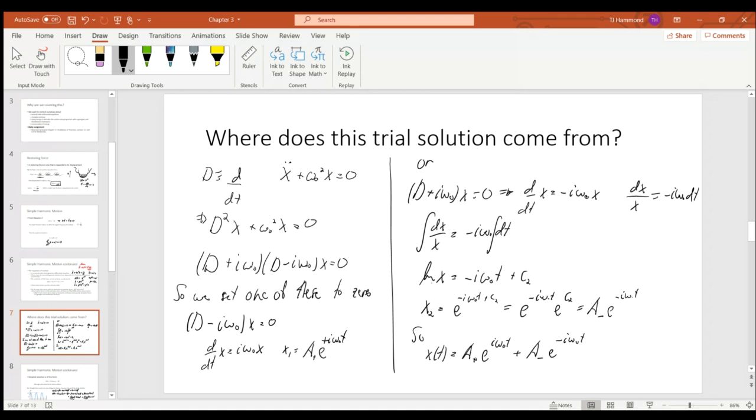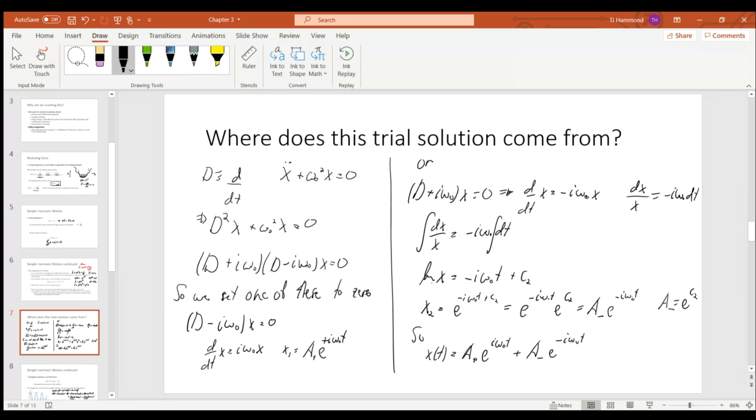We'll call it c2. So we take the exponential of everything, so x2 is equal to e to the minus i omega naught t plus c2. But that can also be written as e to the minus i omega naught t times e to the c2. And so if we just convert this, a minus is equal to e to the c2, then this is equal to a minus e to the minus i omega naught t.